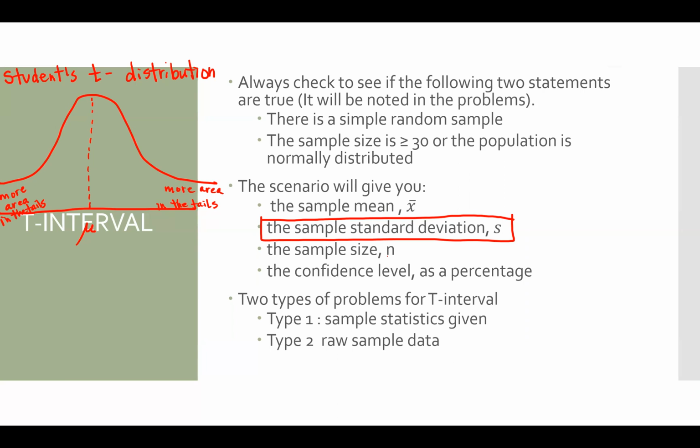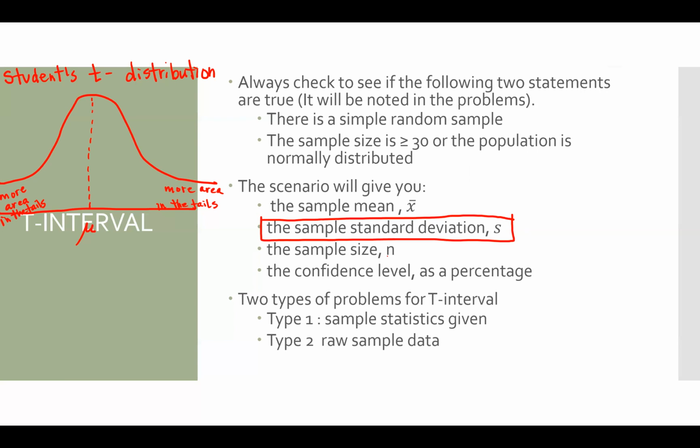The problems related to the t-interval can be presented in the same way as the z-interval. You can either be given the summarized data or the summarized statistics, or you can be given the raw data.